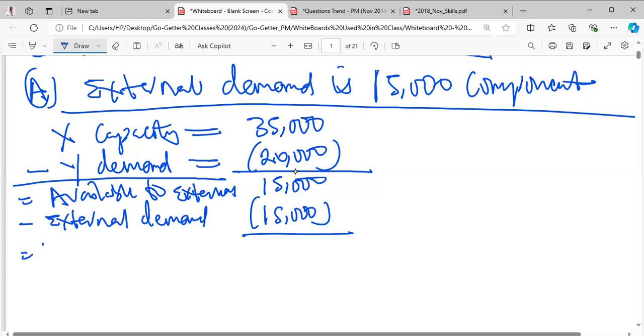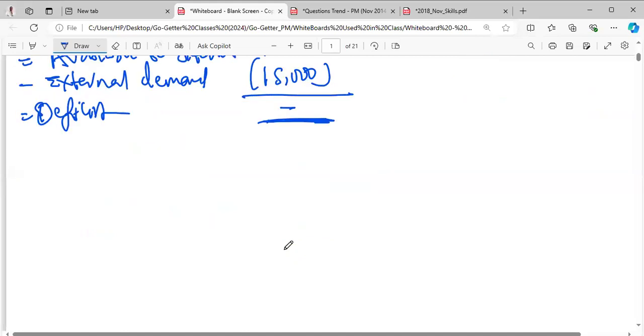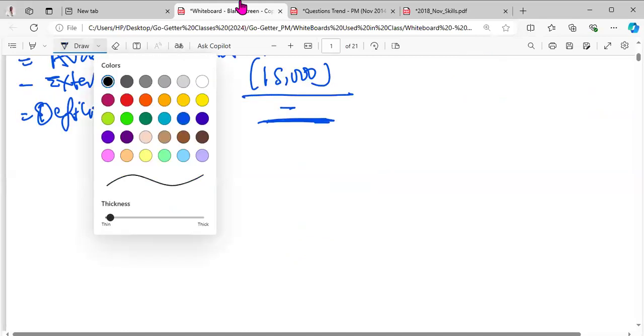So this is what is available. We now say less external demand, which is still 15,000, no problem.